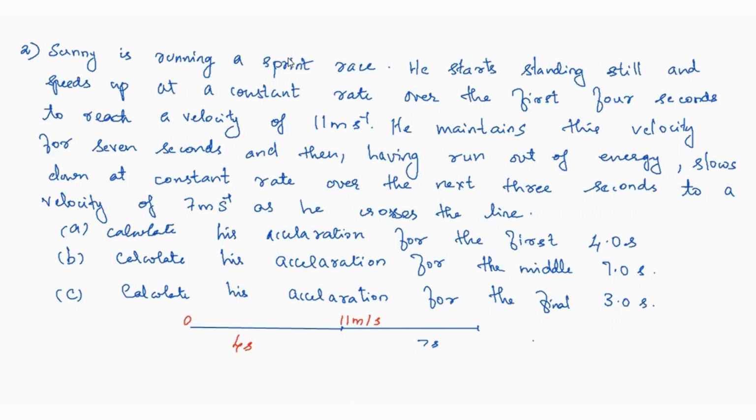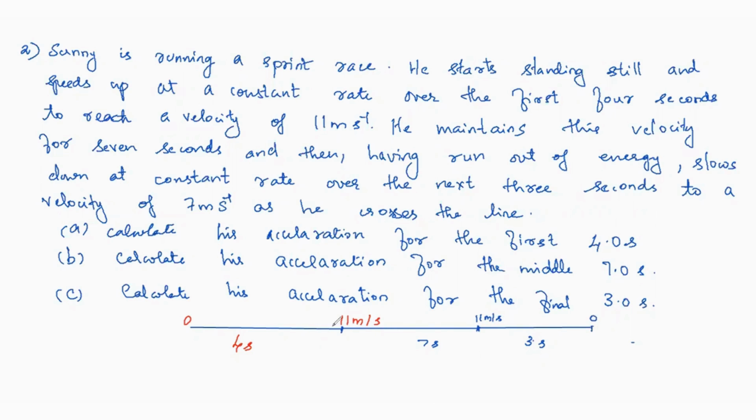Then he ran out of energy and slows down at a constant rate over the next 3 seconds. So he started, reached 11 meters per second, maintained 11 meters per second in this area from here to here, and then reduces from 11 meters per second to 0.